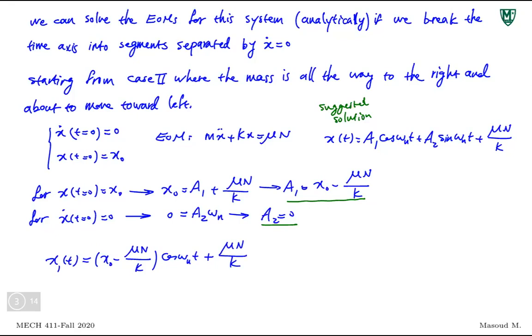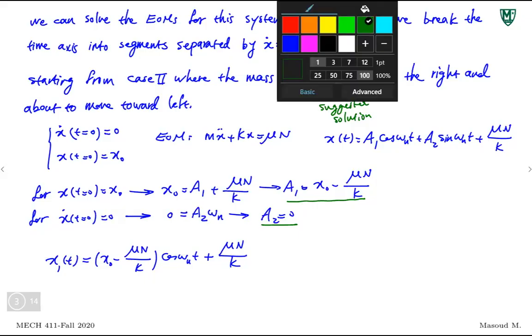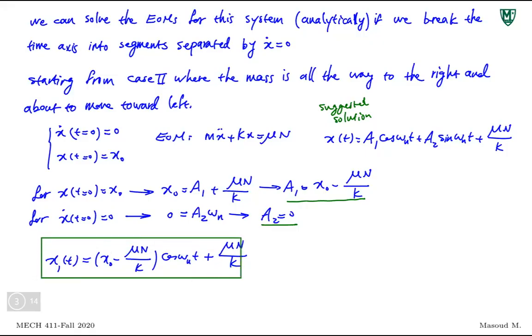So this is the system response for the first half cycle. Mass is all the way to the right. It starts moving from that point, comes all the way to the left, and ends where the velocity becomes 0. Goes from here to here.